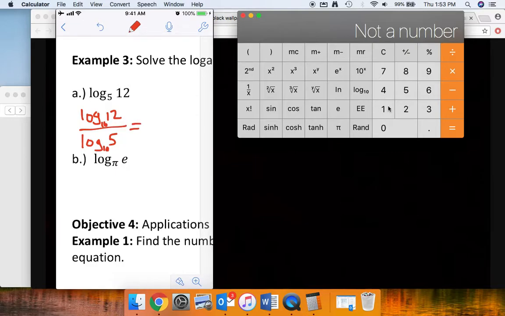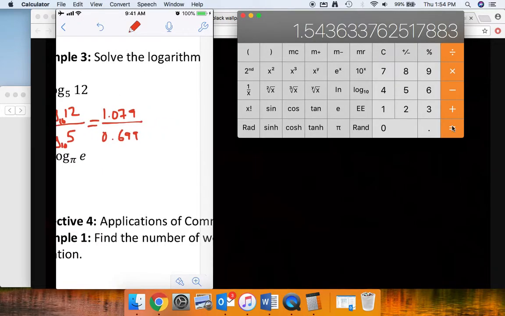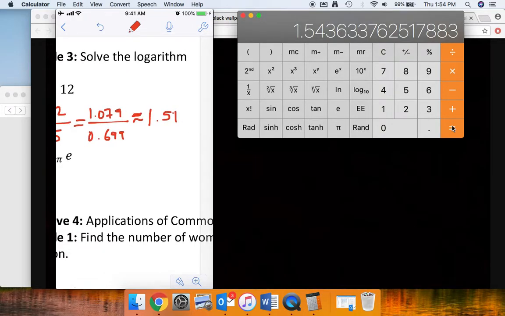So over here, log base 10 of 12 would be 1.079, over log base 10 of 5, 0.699, and then we'll divide the two. I end up with, we'll approximate, 1.544.